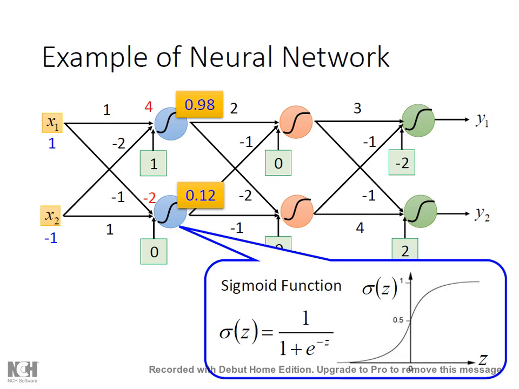Here, 0.98 multiplied by 2, and also multiplied by -1 here, and add the bias to get its next value. So you can see the result is propagated from your input to the first hidden layer, then the first hidden layer acts as the input to the second hidden layer. Just follow this process to finally produce the final result y1 and y2.